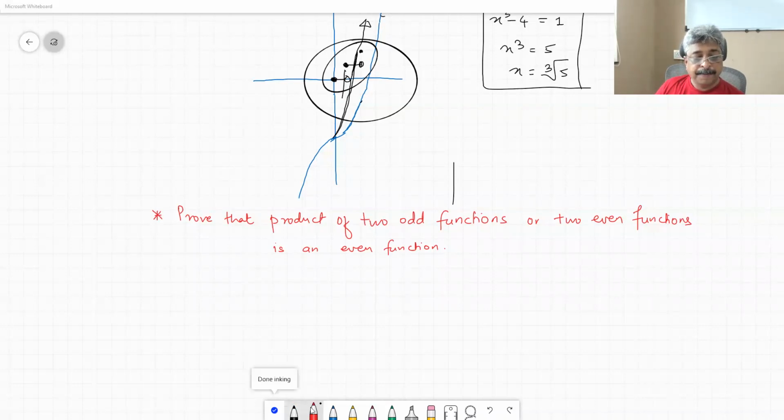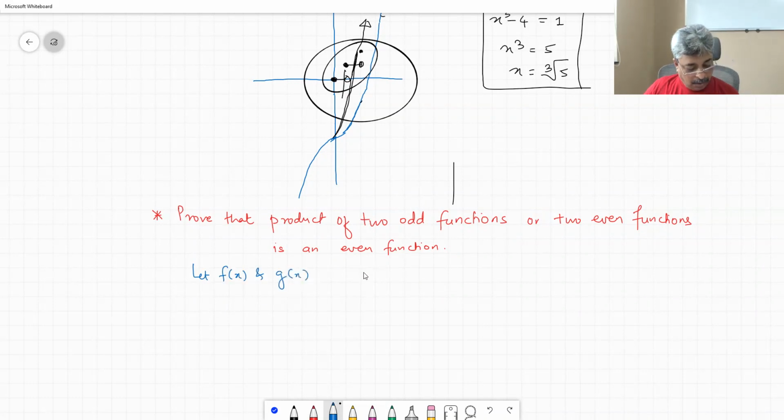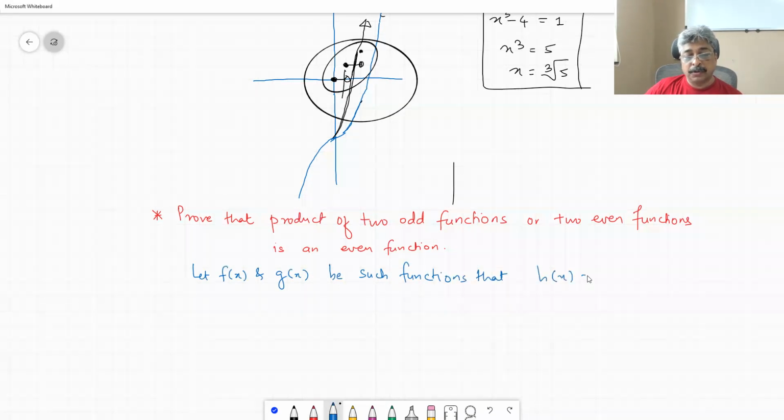Let f of x and g of x be such functions that h of x is equal to f of x into g of x.